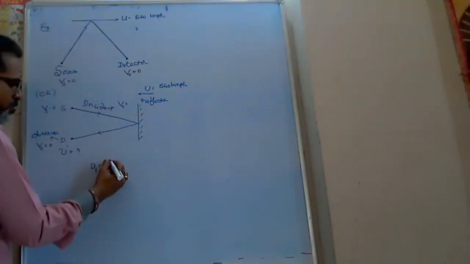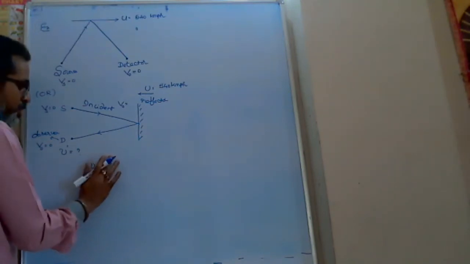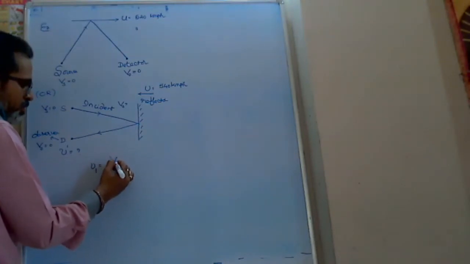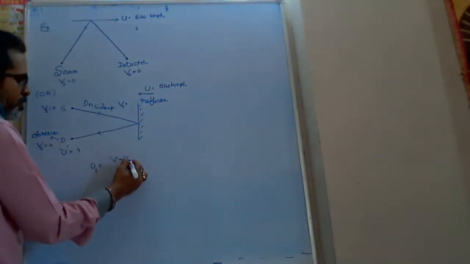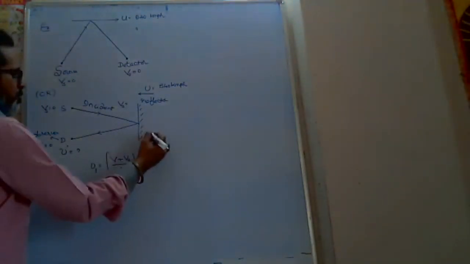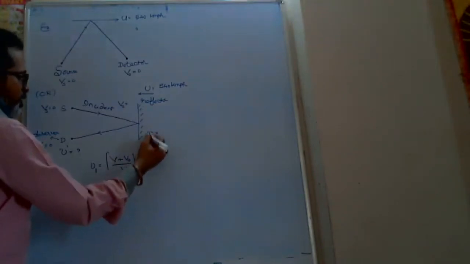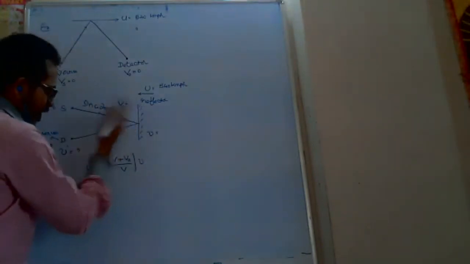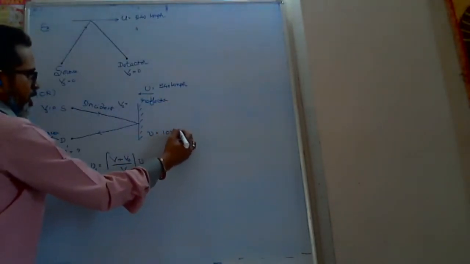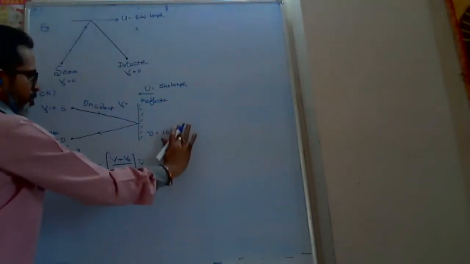Observer, not source. V plus V naught by V, into nu. Take the frequency of the wave incident on that as 1020 hertz.